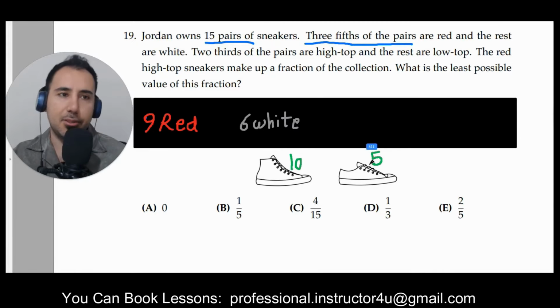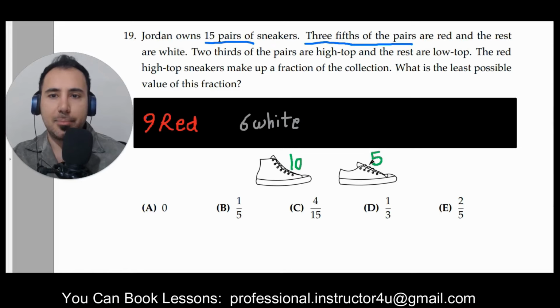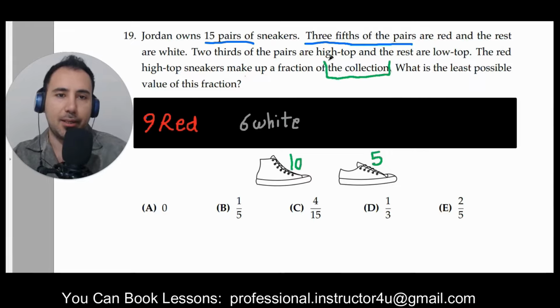Okay, so the red high top sneakers make up a fraction of the collection. Again, you have to just go and think about it. When it says the collection, does it mean from the 9 red, or does it mean all these 15?